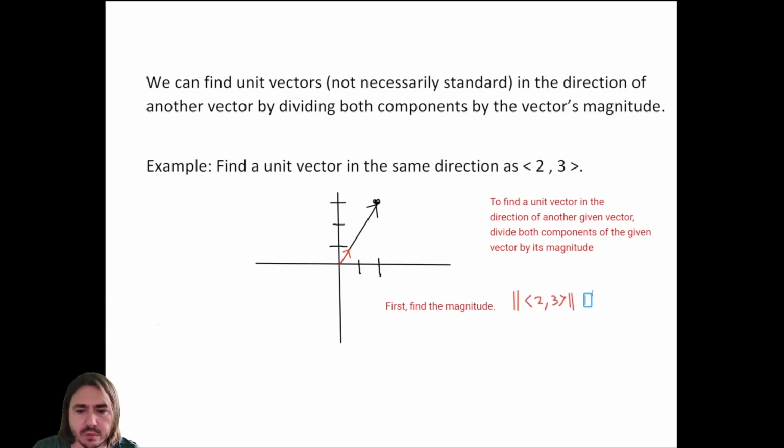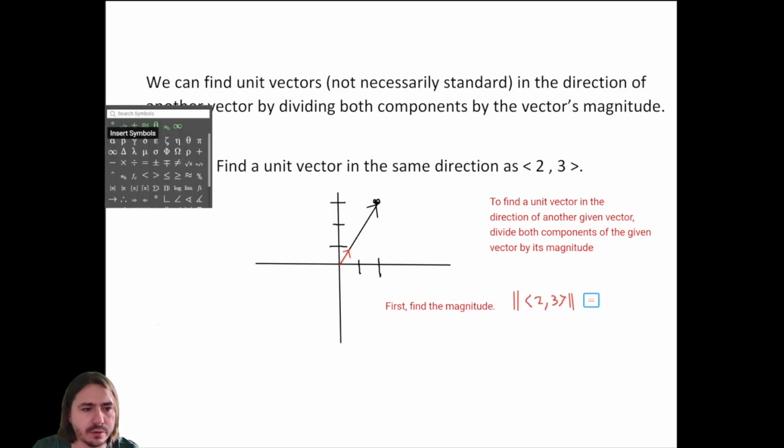This is going to equal the square root of 2 squared plus 3 squared. Remember, we're really just using the Pythagorean theorem here. 2 squared is 4, 3 squared is 9, and 4 plus 9 is 13. So that's the magnitude.